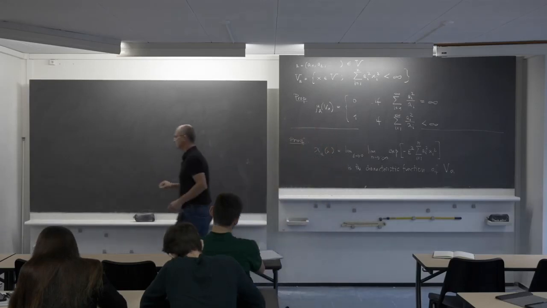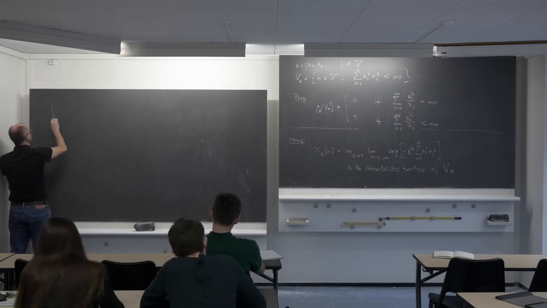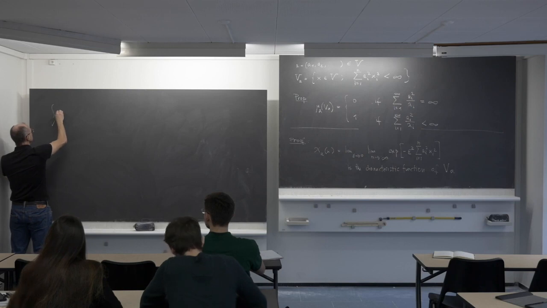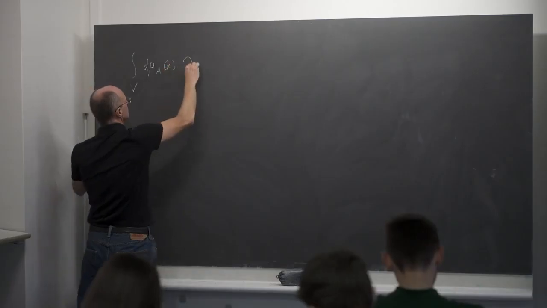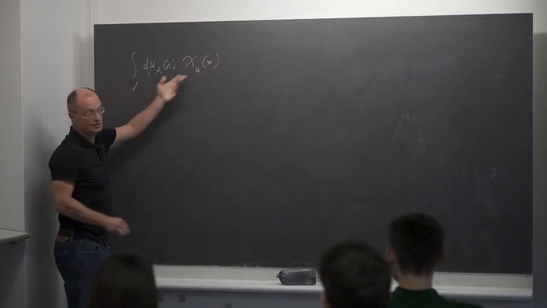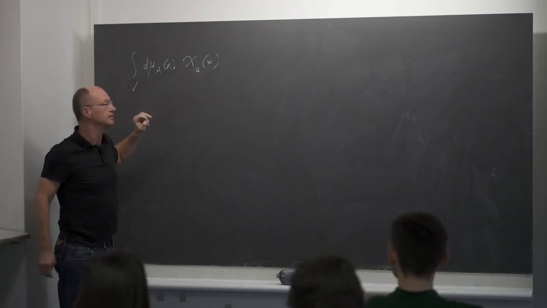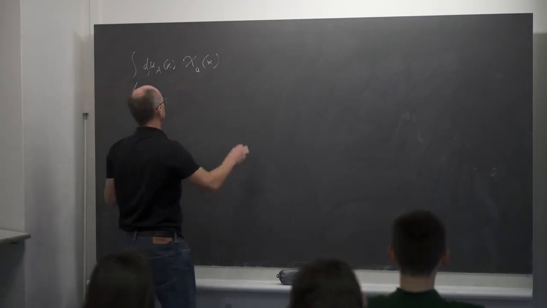So what we need to do, we need to compute the integral over V of the characteristic function, right? That's the measure of the set VA.